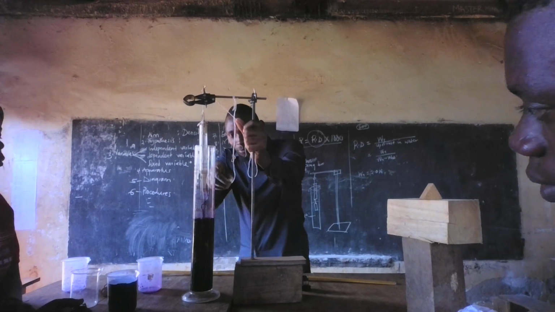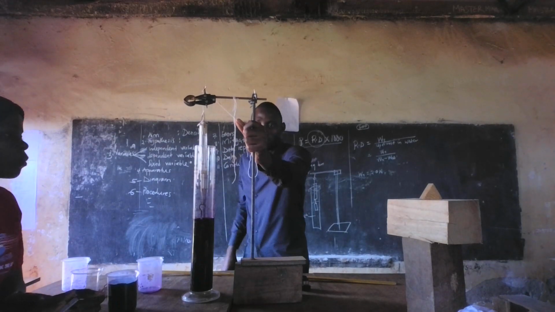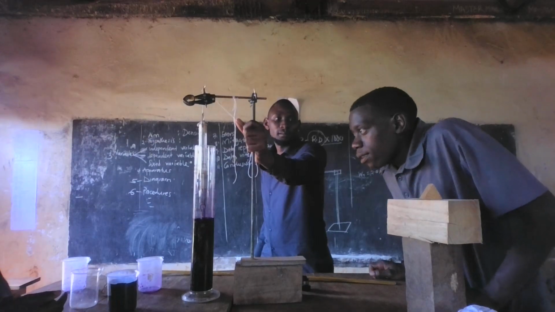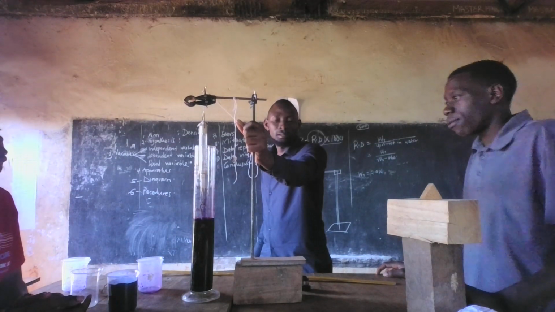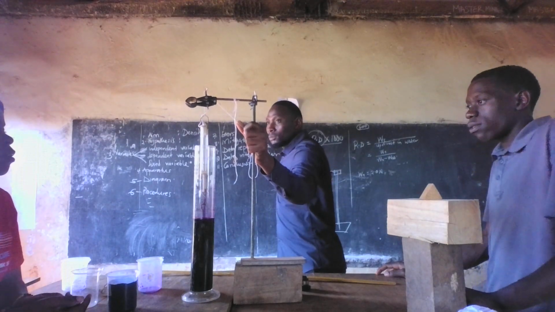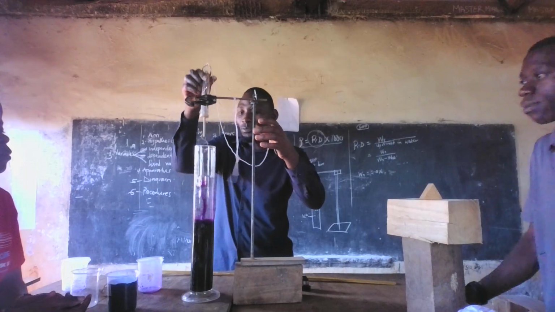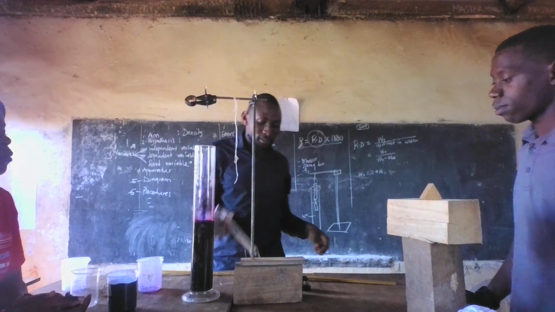Now, you read off also the value of the weight. Someone can come this side. You see the weight. It is 1.75 newtons. The other one was 2.0. It means there is a loss in the weight. That loss in weight is the one we are dealing with.